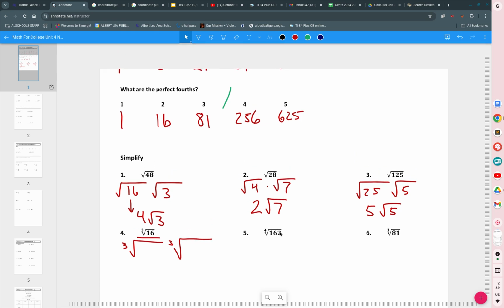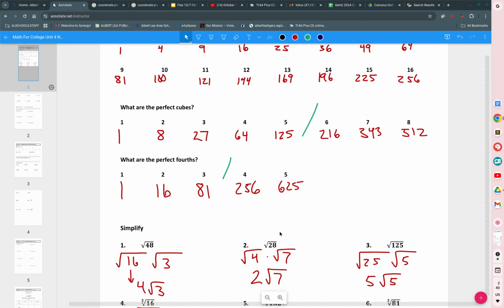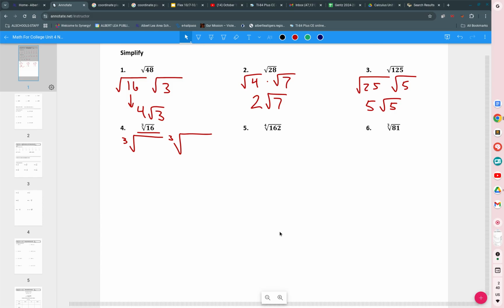So if I have 16, what is the perfect cube that divides evenly into 16? 8. So I go 8 and 2. The cube root of 8 is 2. That's my simplified answer.